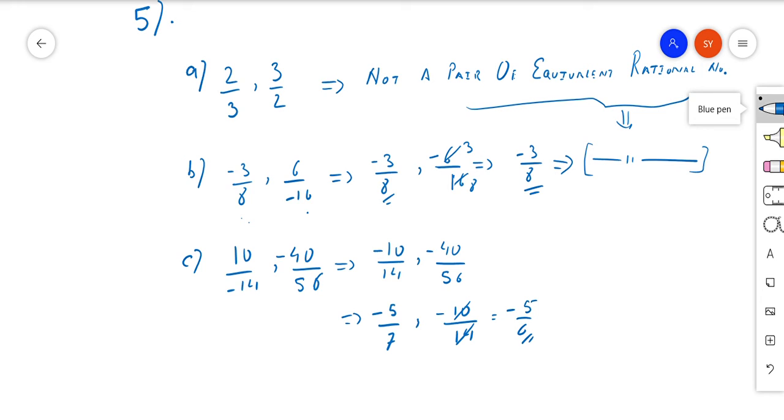Hence we can say that C is an equivalent rational number, you write it as Q, so it's an equivalent rational number.